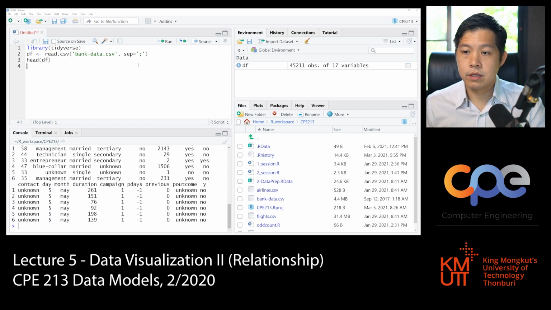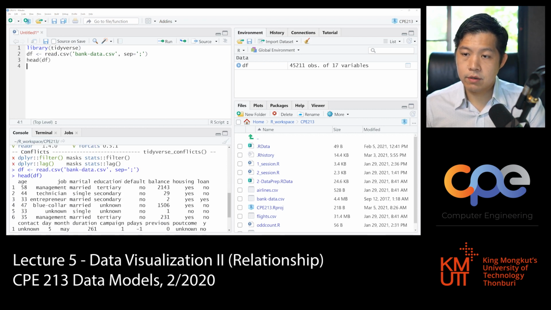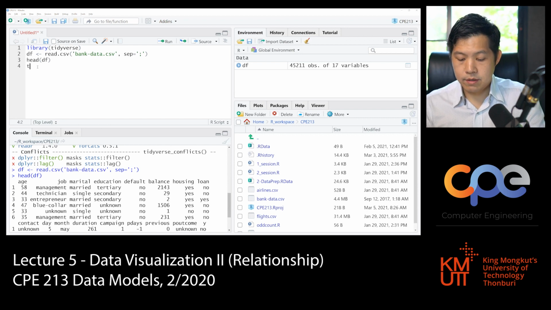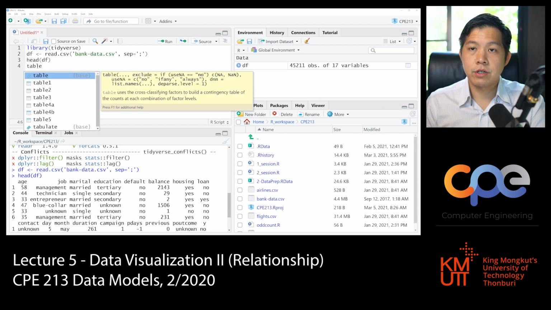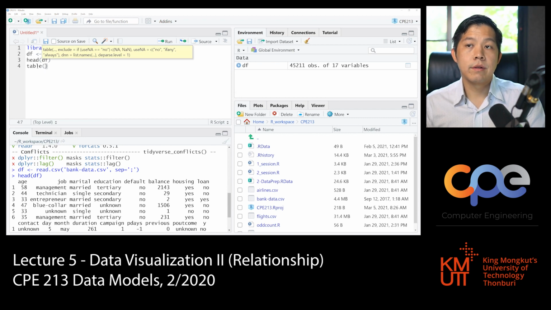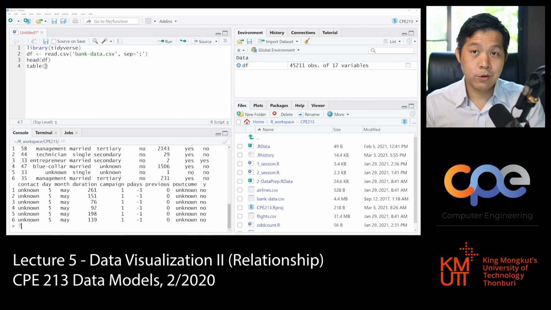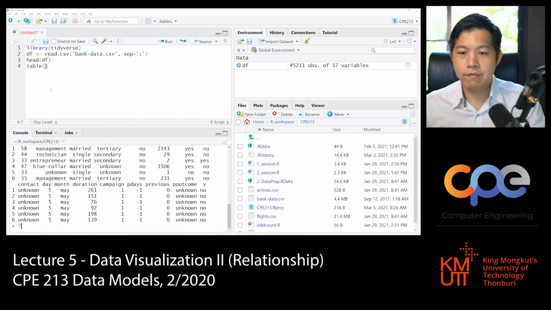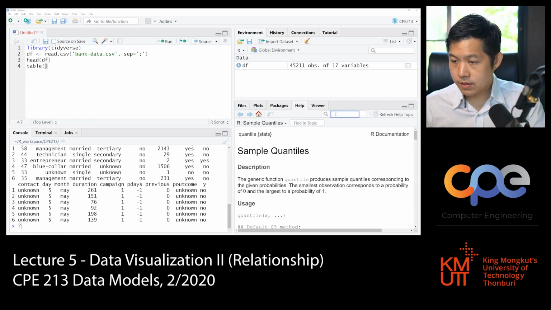And a way to check that is to view it first. Okay, looks fine. And then let's create a table, the cross tabulation. You can use the function table. And if you want to know how it works, not Google them though, use the help function here, or you can just search here, table.